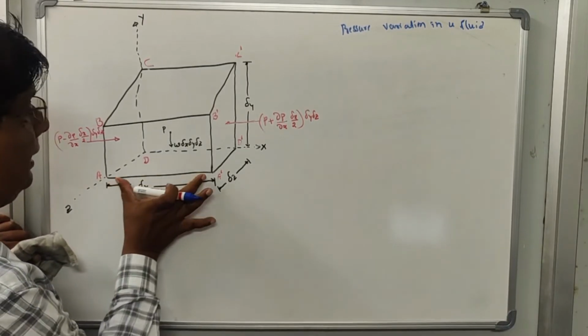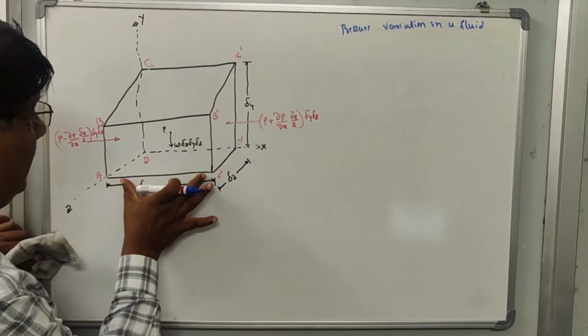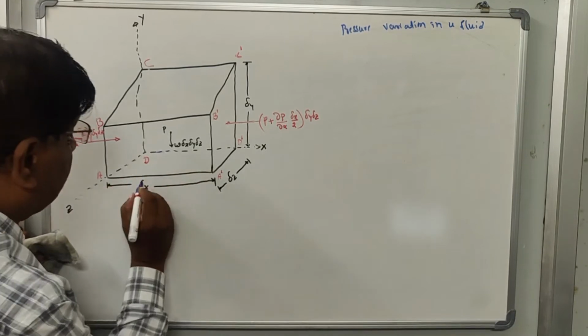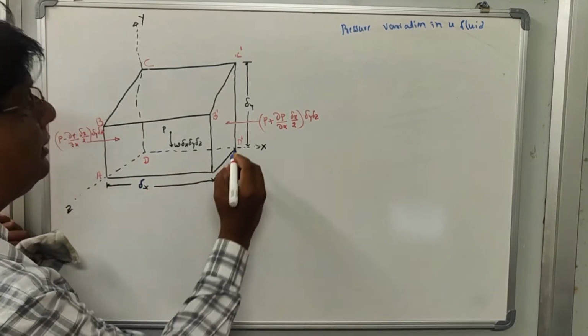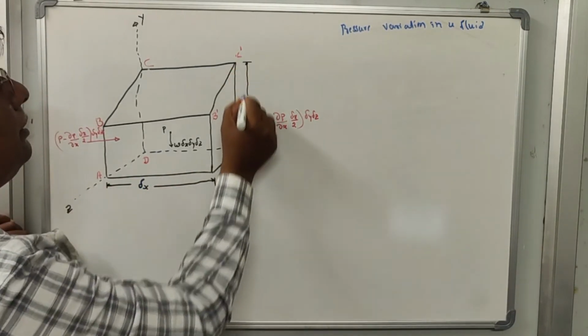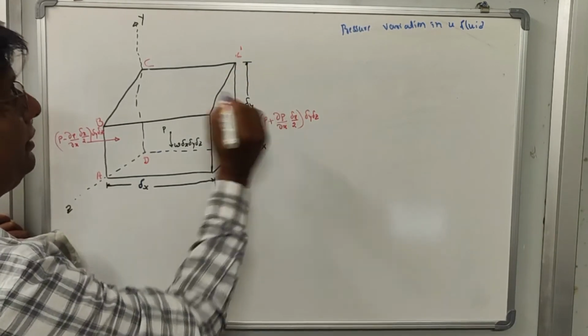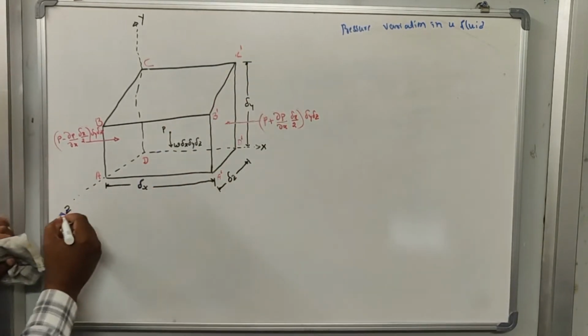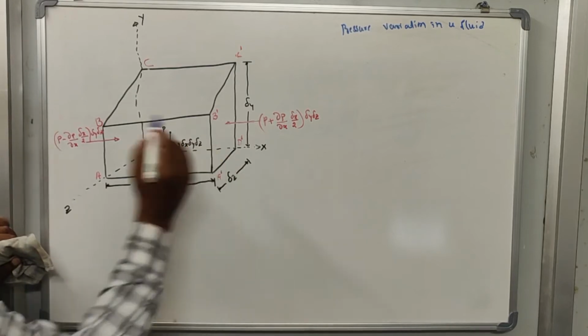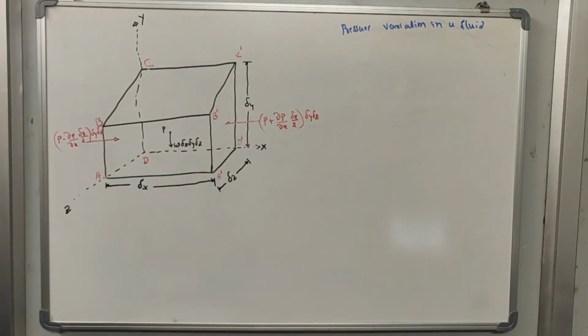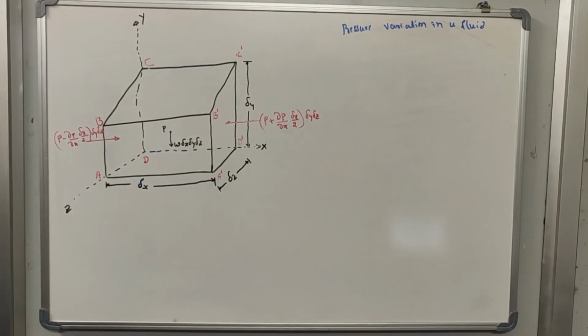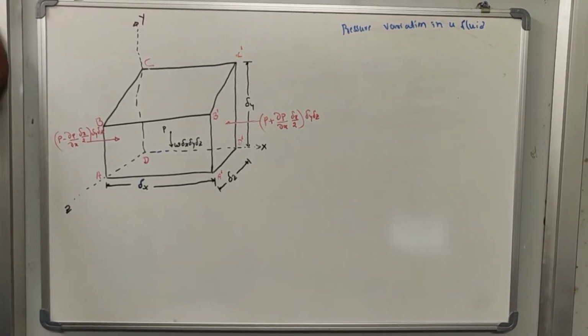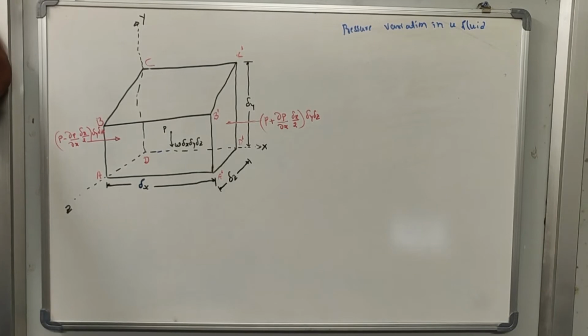Then the element length in the x direction is delta x, the element length in the y direction is delta y, and the element length in the z direction is delta z. Now we will derive a mathematical equation for how the pressure varies on this element.